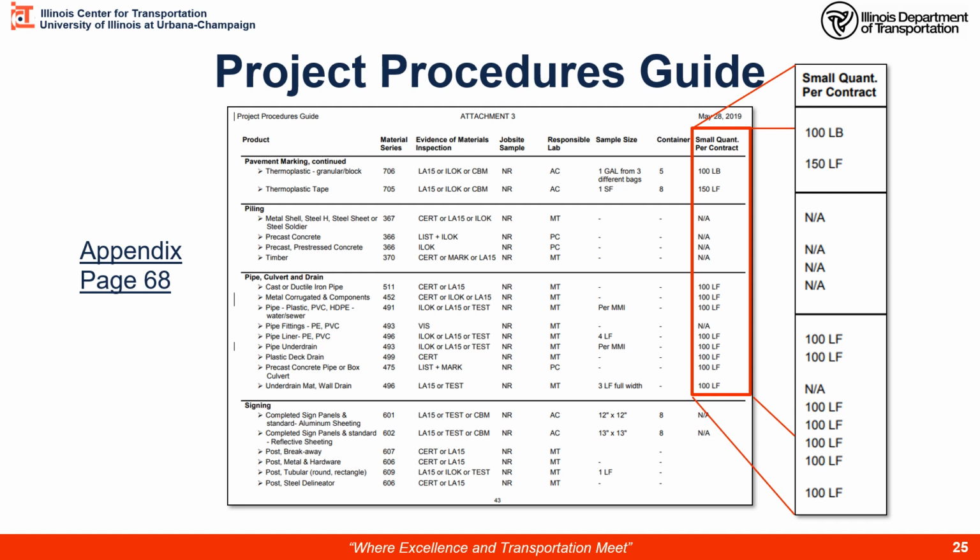The case might be, hey, we've put in 120 feet of pipe, I've got an extra 20 feet coming out, and I could waive inspection on the last 20 feet as long as it is coming from an approved source and I have collected previous documentation. The resident engineer could waive the requirement for testing or submitting that evidence.